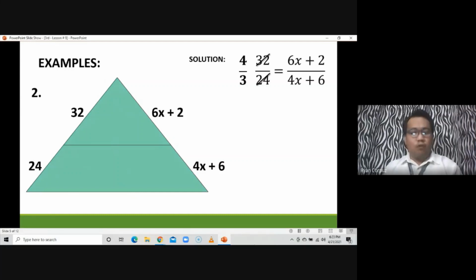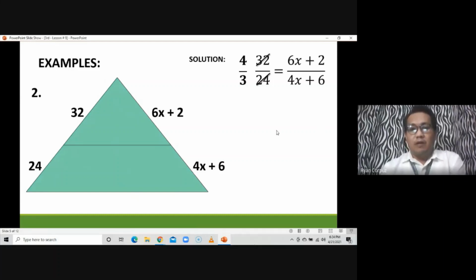Think: if we multiply 4 by 4x and 3 by 6x, which is larger? It is better to put the larger product of x on the left side. It can also be on the other side, as long as you are applying cross multiplication, but this way we avoid a negative numerical coefficient for x.